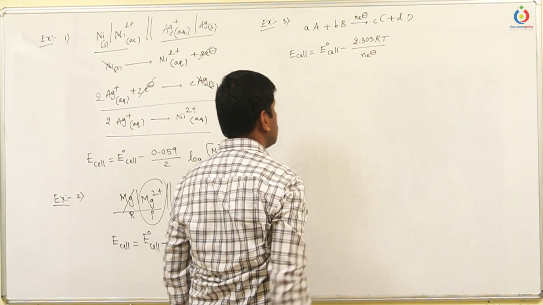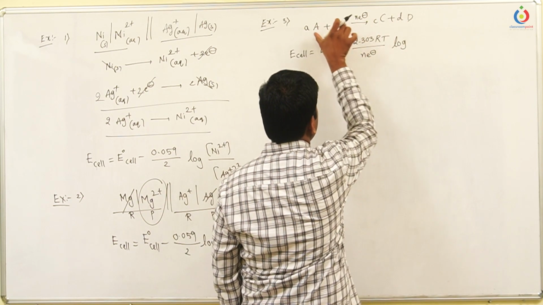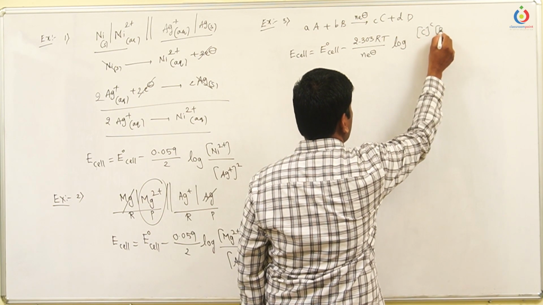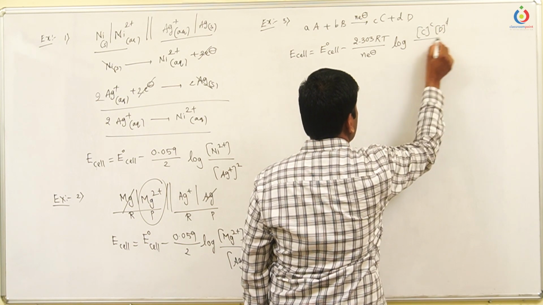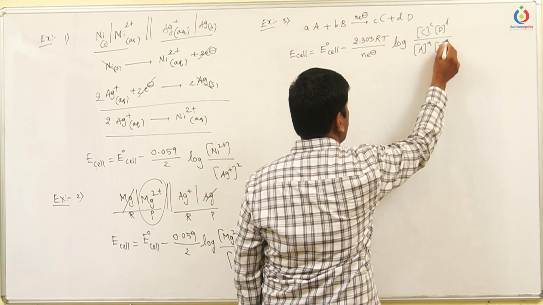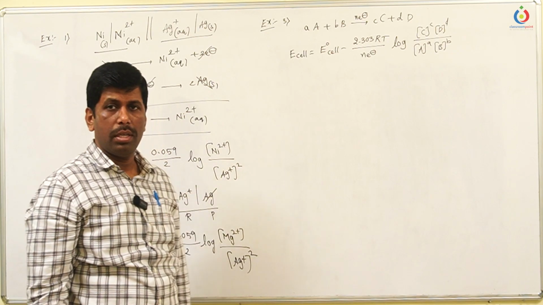Then log of concentration of products by concentration of reactants, that is, concentration of products along with their stoichiometric coefficients divided by concentration of reactants along with their stoichiometric coefficients. So this is the way to write down the Nernst equation.